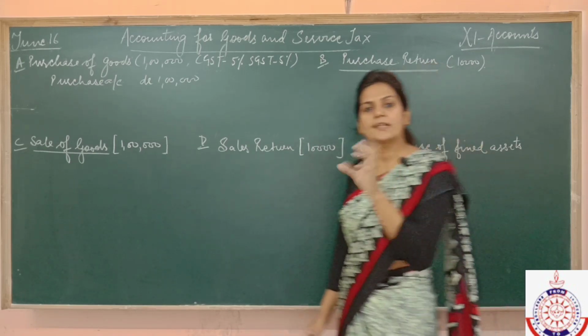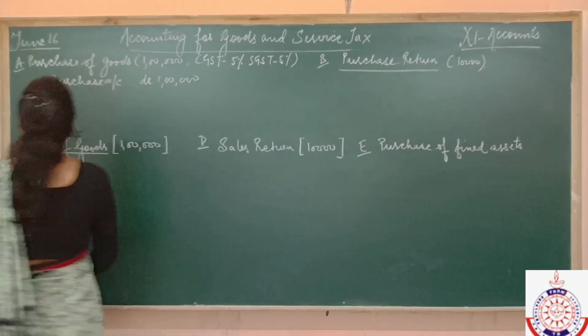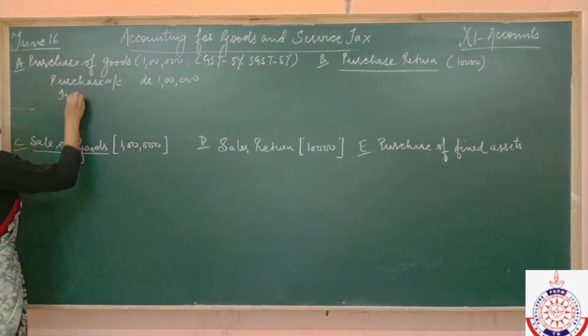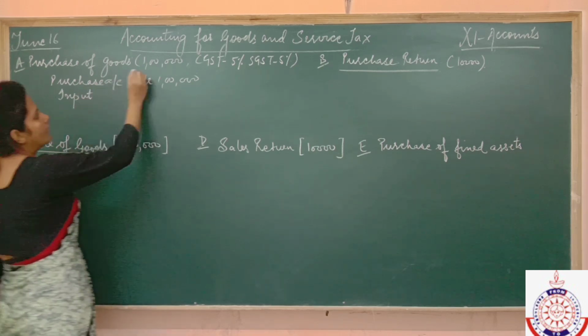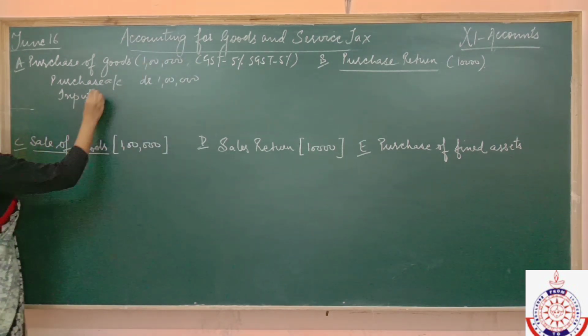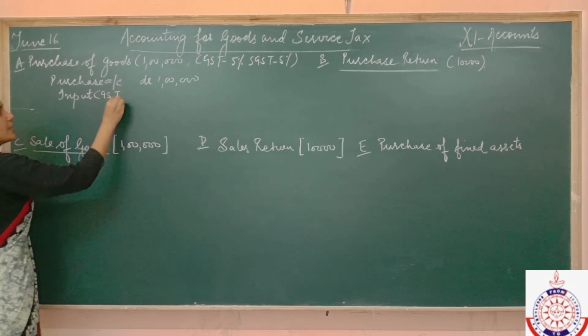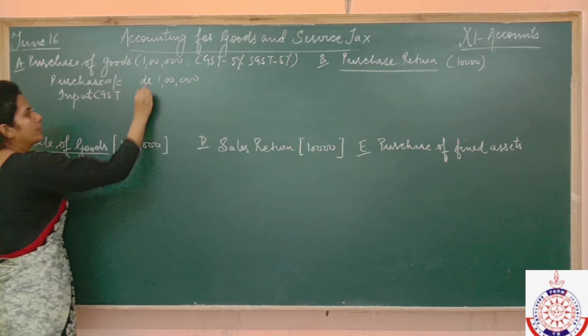So the one who pays the GST will use the word input. Got it? Now we have to pay CGST on this, so we write here input CGST, debit.